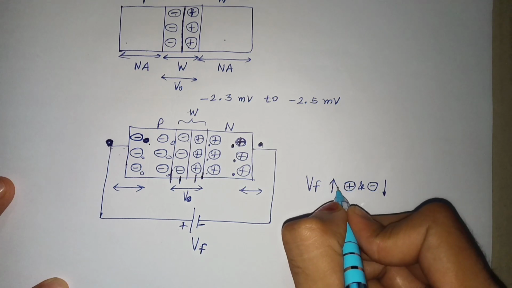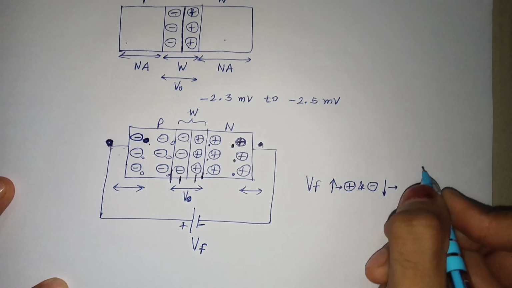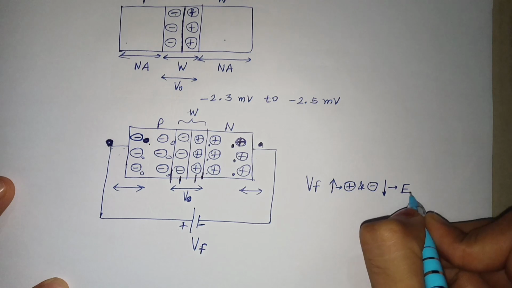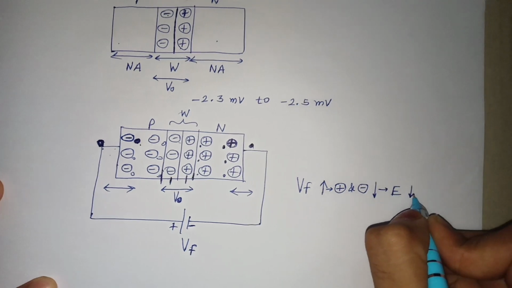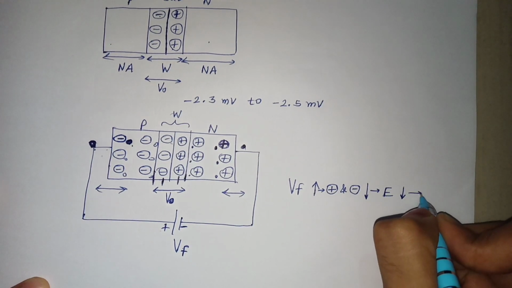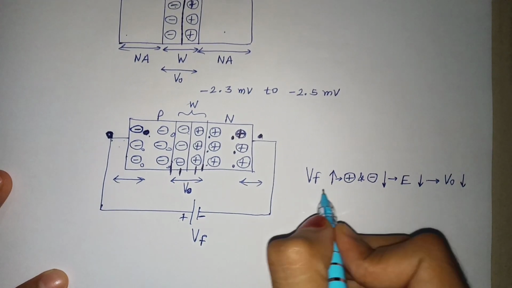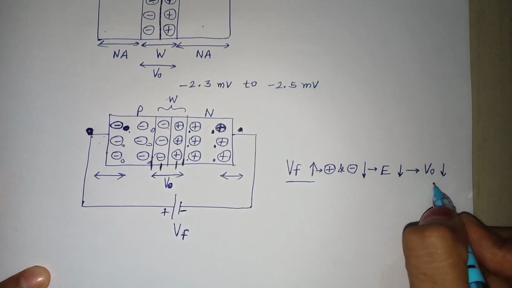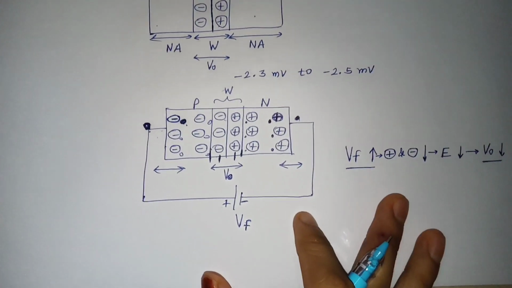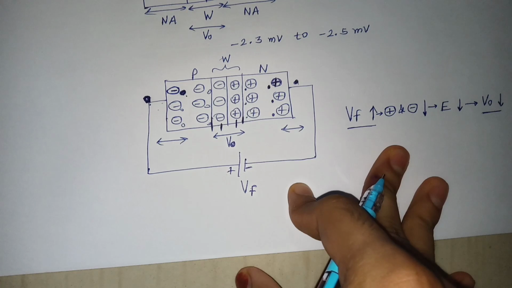Then the electric field E inside the depletion region also decreases, which decreases the contact potential, meaning if VF increases, then the contact potential decreases. We see from this.